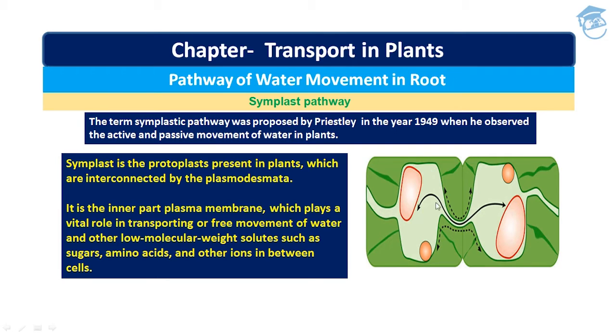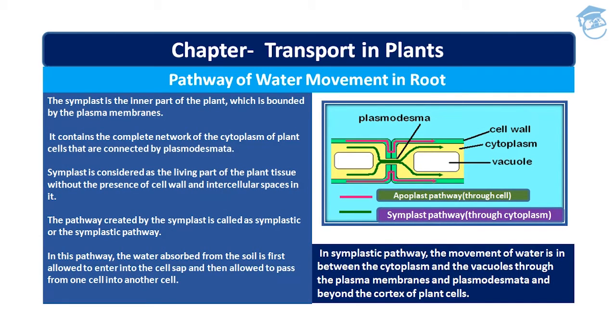This is the symplast pathway, and it is the inner part inside the plasma membrane, which plays a vital role in the free movement of water and other low molecular weight solutes such as sugar, amino acids, and other ions between the cells. So symplast is a protoplast present in plants which are interconnected by plasmodesmata. Symplast is the inner part of a plant which is bounded by the plasma membrane.